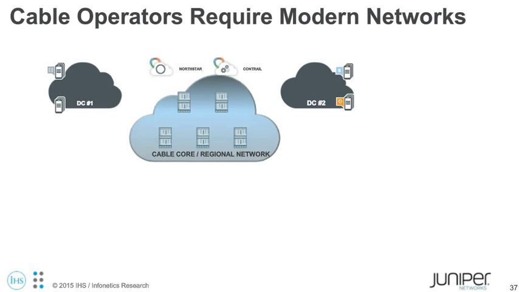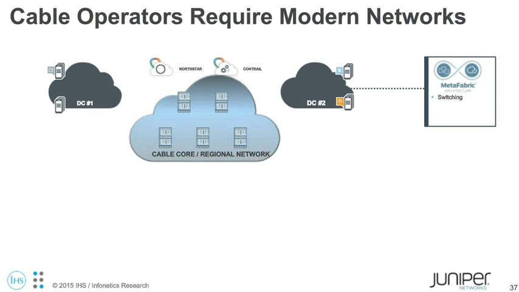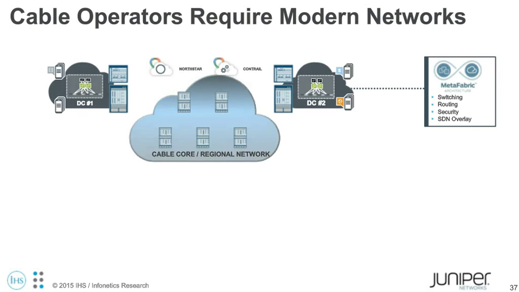Yep, so just real quick to review. We think that cable operators require modern networks, and at Juniper, we're investing in the building blocks to build these networks from the data center, where we have our new architecture called MetaFabric, which encompasses storage, compute, and SDN overlays in such a way that we can build very agile data center systems.